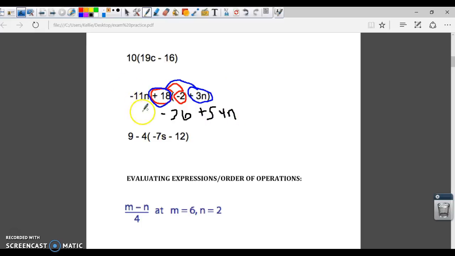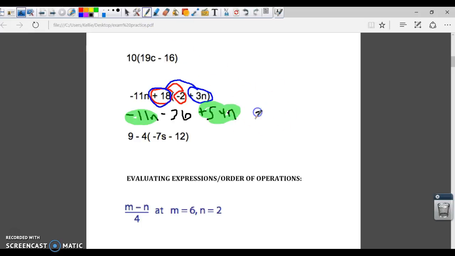But then I'm going to bring down what's left over. That's a negative 11n, that's right in the front. And when I do this, I can now combine this negative 11n with a positive 54n. Okay? So now, when you have a positive plus a negative, you know you're really going to subtract, right? When I do that, I have 43.